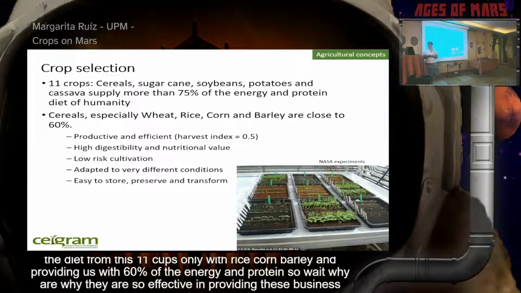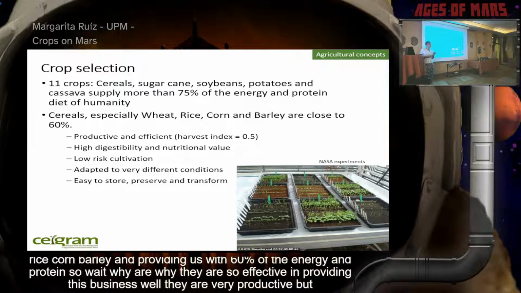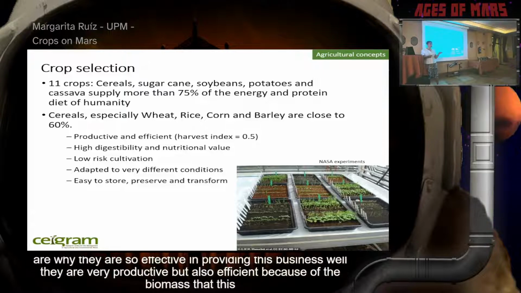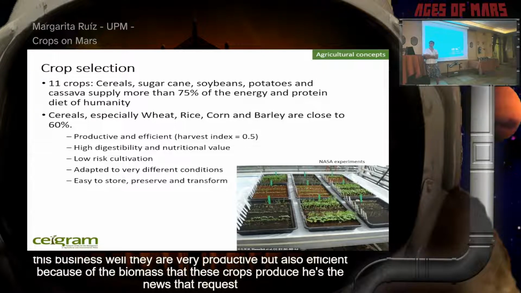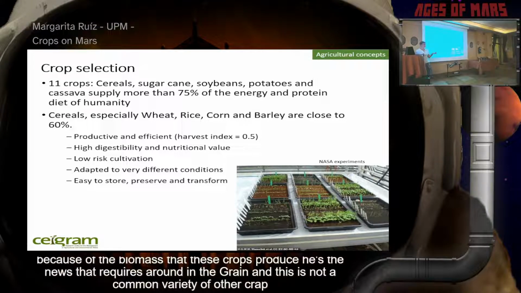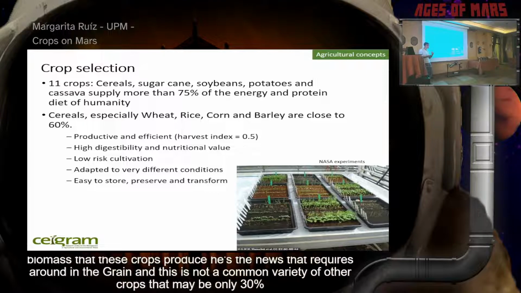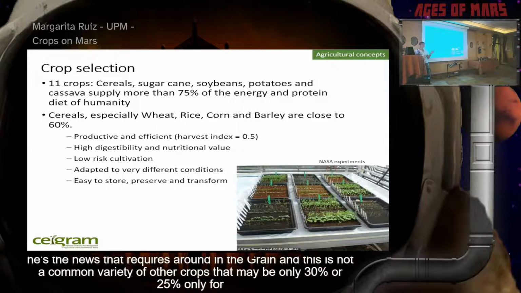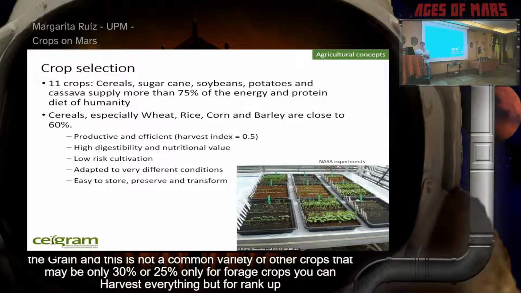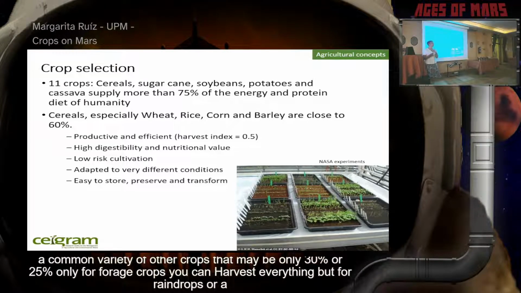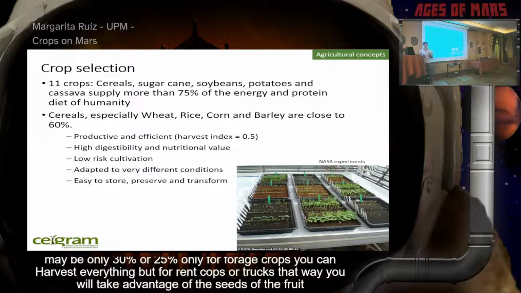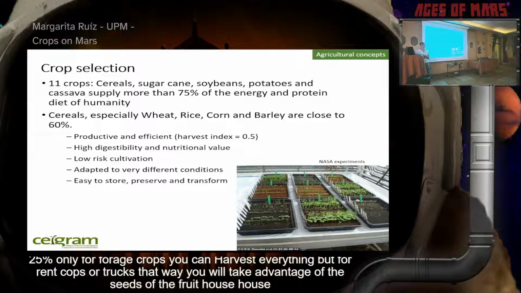Well, they are very productive but also efficient, because nearly half of the biomass that these crops produce is the yield, the agricultural yield, the grain, and this is not a common ratio for other crops, that maybe only 30% or 25%. Only for forage crops you can harvest everything, but for grain crops, or crops where we take advantage of the seeds or fruits, half of the biomass is very high.